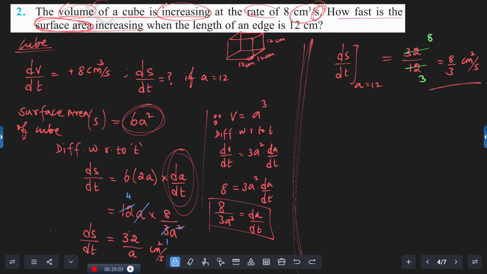Additionally we got dA/dt when we use another variable. If it is the same variable, with respect to A, you never face an extra step. Be careful about whatever extra we have here.